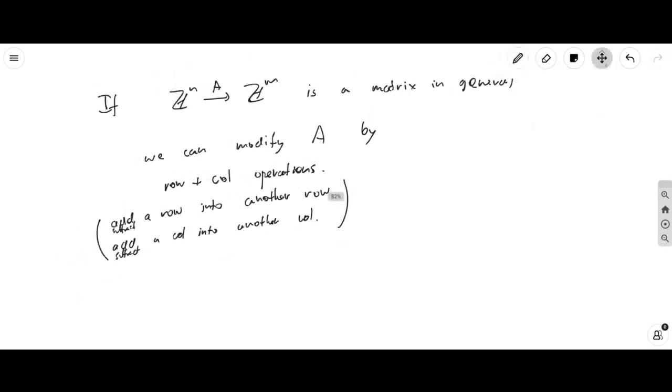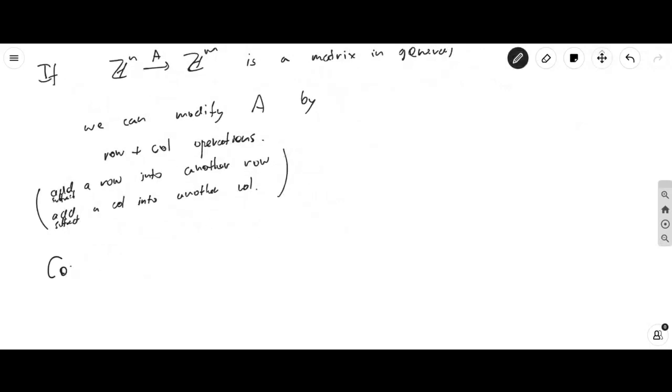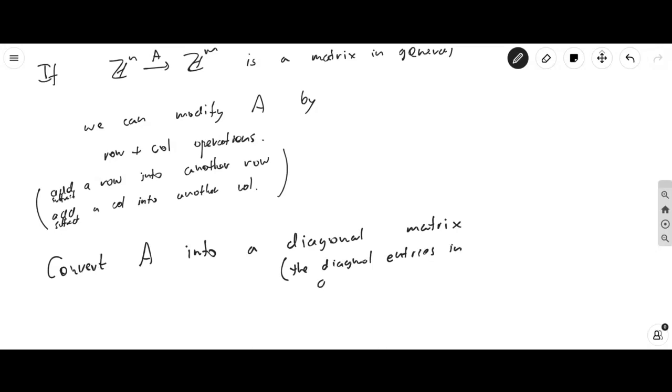And you basically convert A into a diagonal matrix. So the diagonal entries in general are not ones.